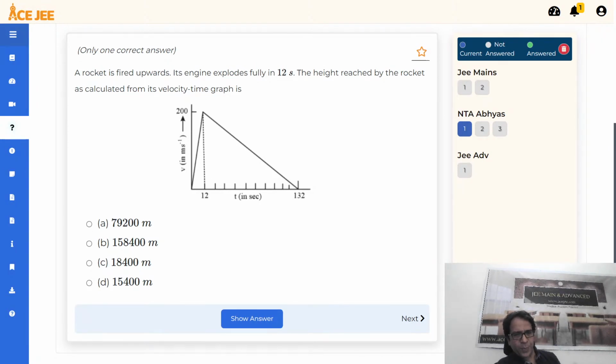By the way, as per this graph, the rocket is still moving in one direction, no? For the entire duration of 132 seconds, the rocket is moving in one direction only. So what is the total distance traveled?